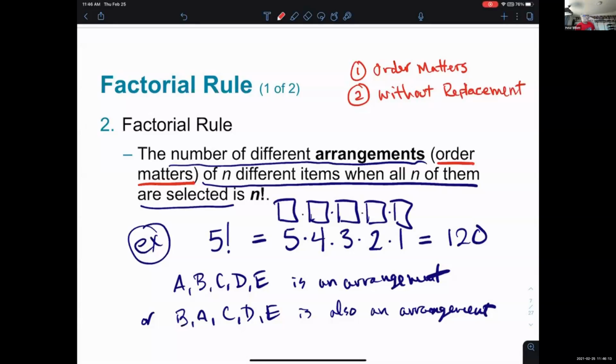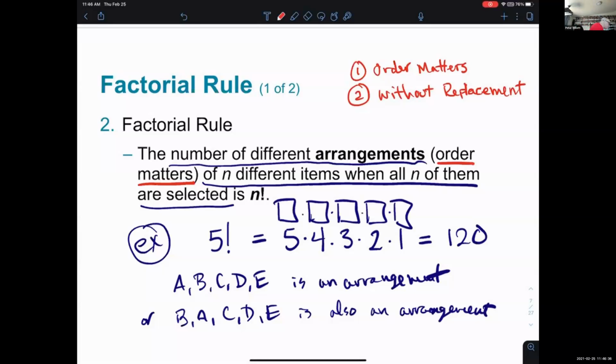Meaning that for the second choice, you don't get to replace the number you used in the first one and use it again for the second one. As you're making these choices, the things that you're choosing don't get replaced or are not still usable. And therefore, the number of possibilities is going down with each successive choice.